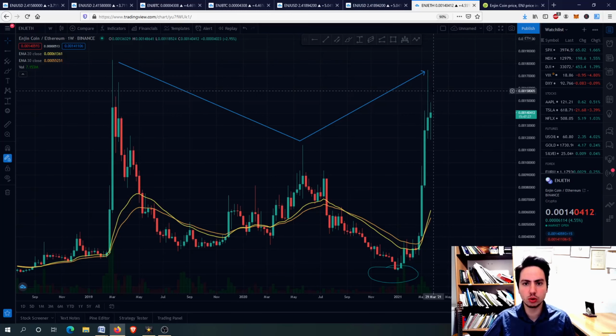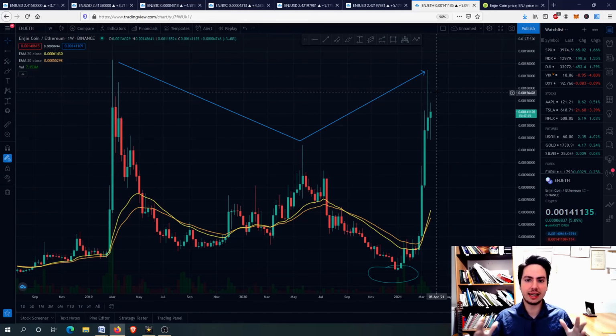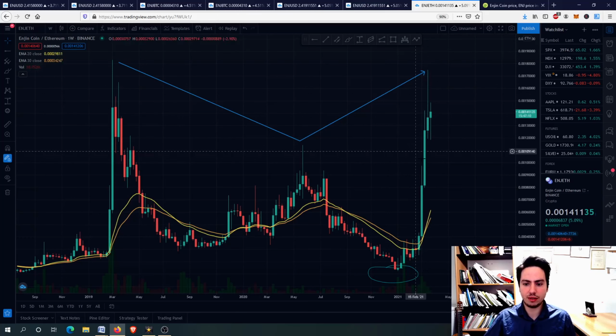That's why I focus so much on ENJIN coin against BTC and ENJIN coin against Ethereum. I always want to mention these two coins against the other cryptocurrency markets. So that's why I think we might have a short-term risk, of course.